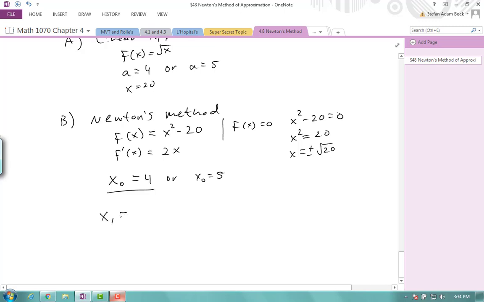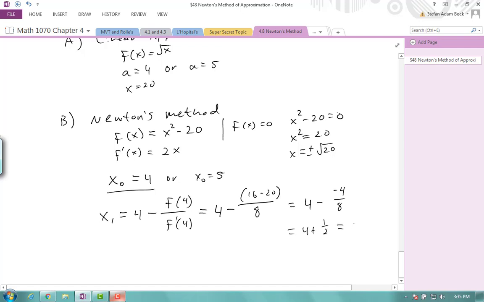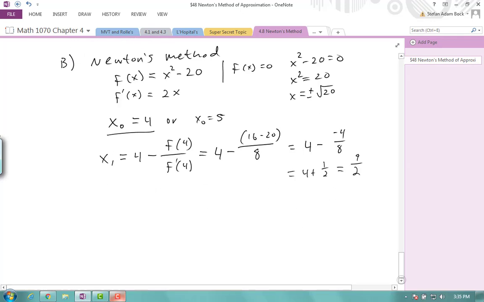So x sub 1 would be equal to 4 minus f of 4 over f prime of 4, which is equal to 4 minus 16 minus 20 divided by 8, which is equal to 4 minus negative 4 over 8, or 4 plus 1/2, which is 9 over 2. I like fractions more than decimals.